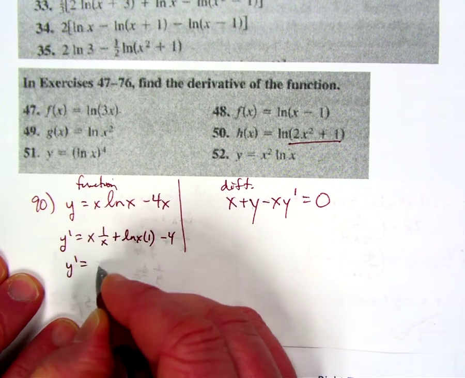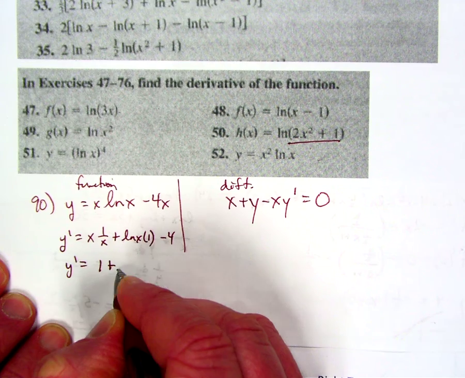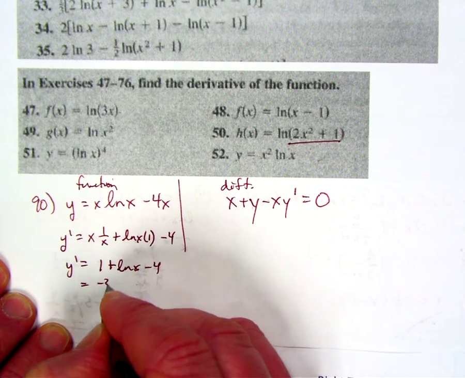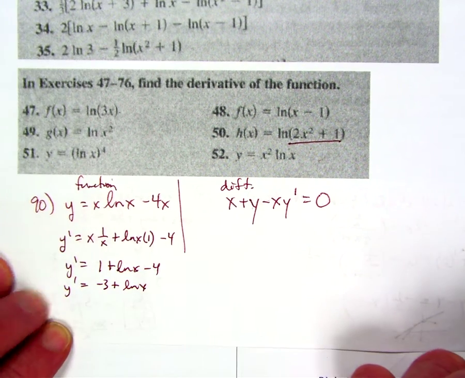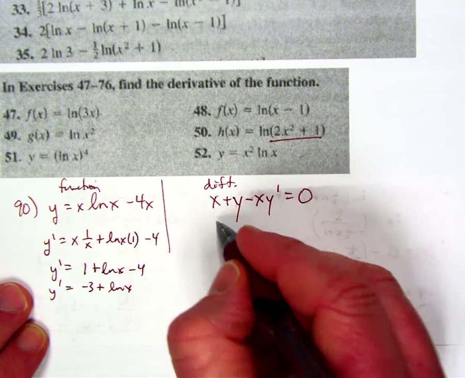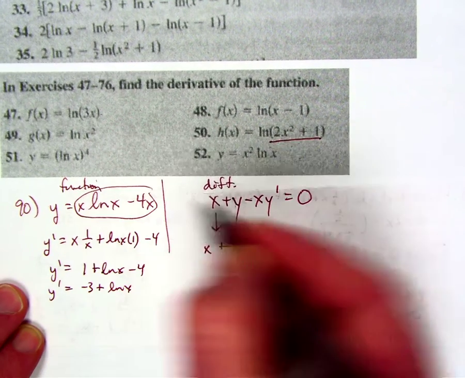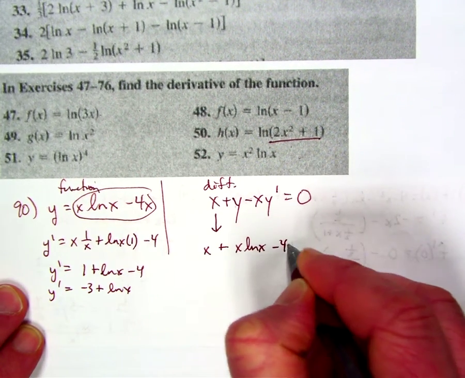So my derivative of y is 1 plus ln x minus 4. So negative 3 plus ln x, or ln x minus 3. Now I'm just going to substitute. x stays x. y is this mess. x ln x minus 4x.